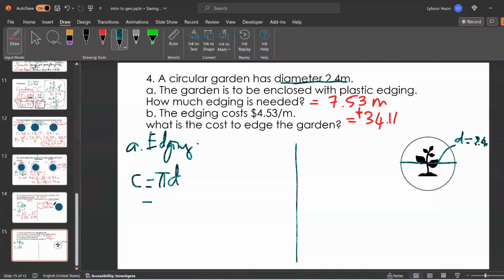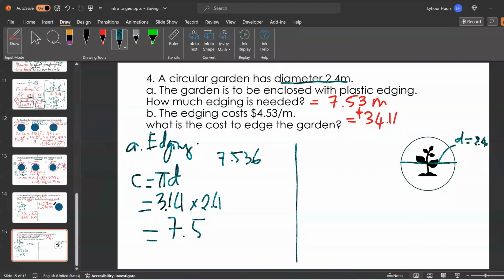Okay, so pi is 3.14. We already have the diameter, so multiply by 2.4. Let me check and confirm: 3.14 times 2.4, which is 7.536.